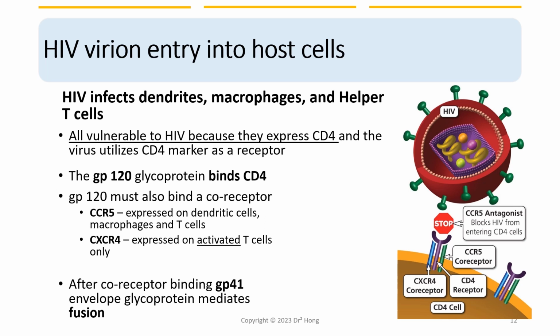Two co-receptors have been identified: CCR5, which is expressed on dendritic cells, macrophages, and T cells, and CXCR4, which is expressed on activated T cells only.